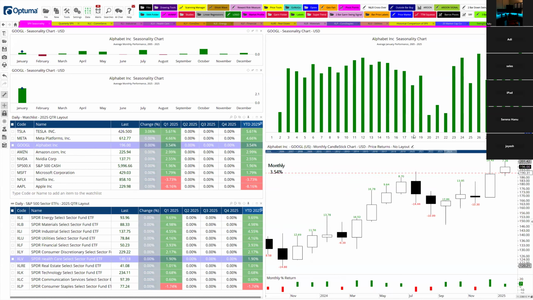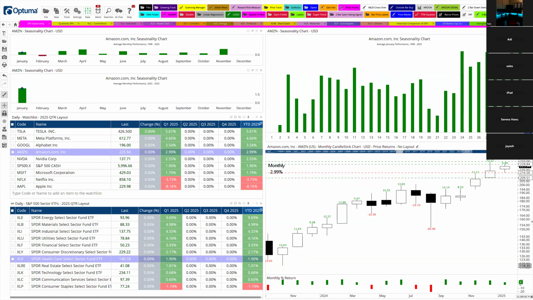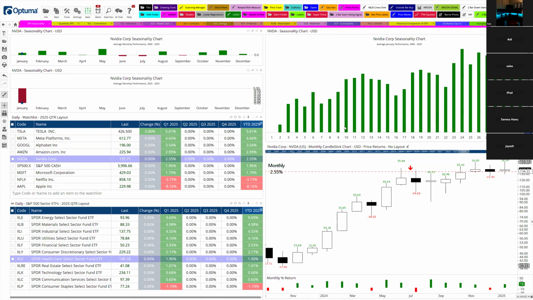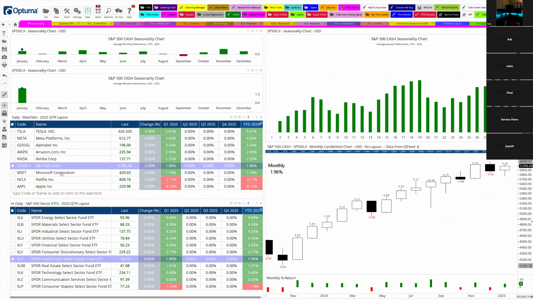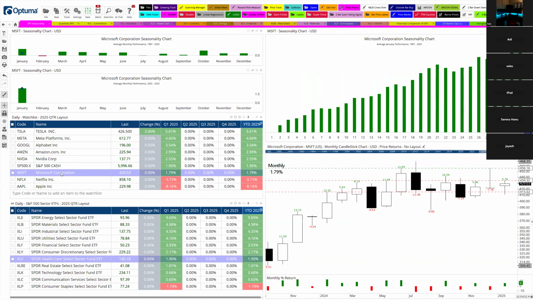We're on the 18th, right there. So Google is good. Amazon is fine. We took a shot at this one yesterday, I believe. Nvidia is good, just choppy, so damn choppy. S&P is fine after this.